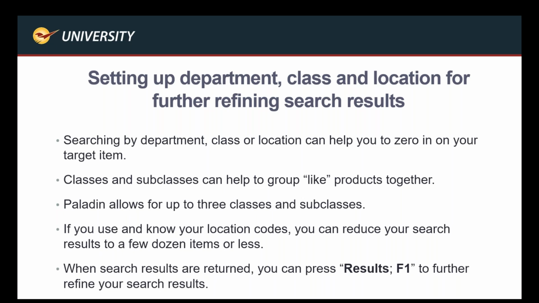Now, most items have their default class set by their primary supplier. But with Paladin, you can have multiple classes. You can have up to 3 classes and subclasses by a particular item. So what can you do? Well, you can create a secondary or tertiary class, essentially, and put a subset of items in there that you always want to bring up in a search.